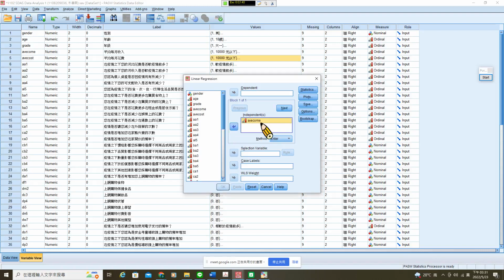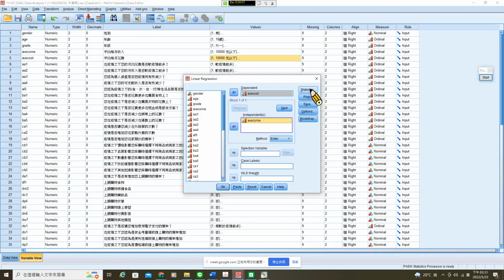And for the dependent variable, you can only put one, so it's fine. Let's find the average cost. So we put the average monthly income as X, and the average monthly spending as the Y.